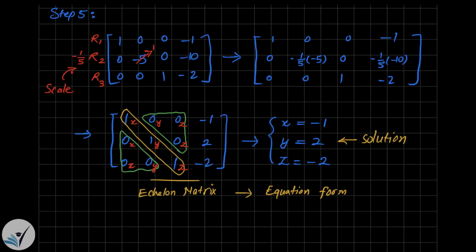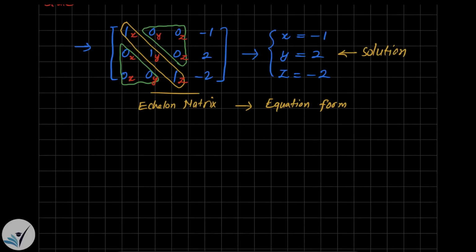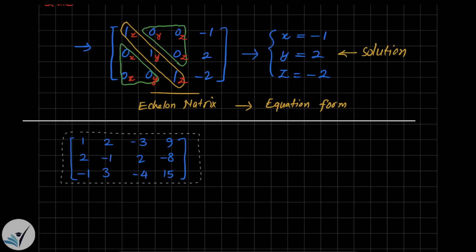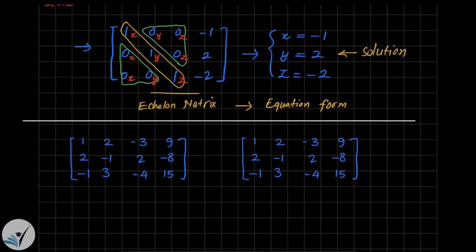Before moving to the next example, I wanted to show you here what will happen if you apply basic row operation in a random order. So this was the matrix that we had originally. We duplicate this matrix here. So I started with these two entries here and transformed them to 0 using R1. So this is R1, row 1, row 2, and row 3.